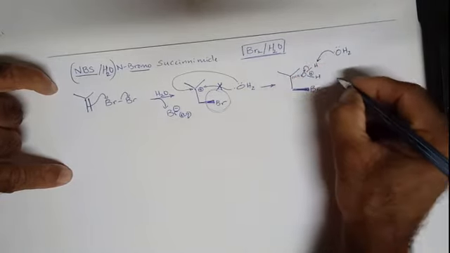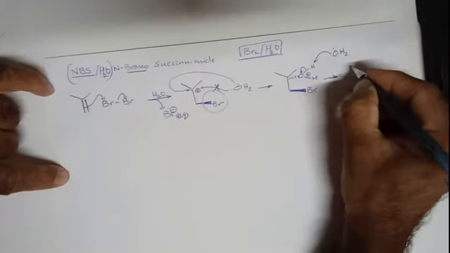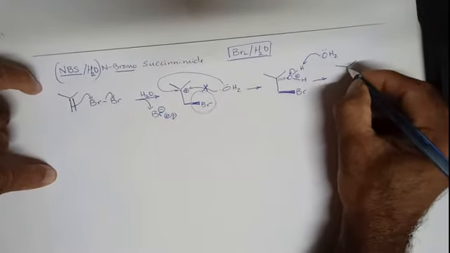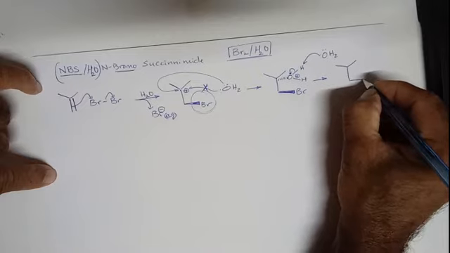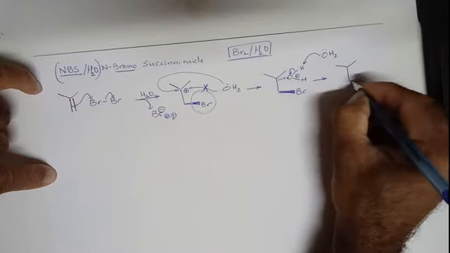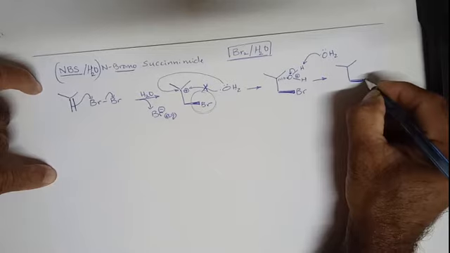So eventually we get a molecule called bromohydrin. Now bromohydrins have a very unique use in synthetic organic chemistry.